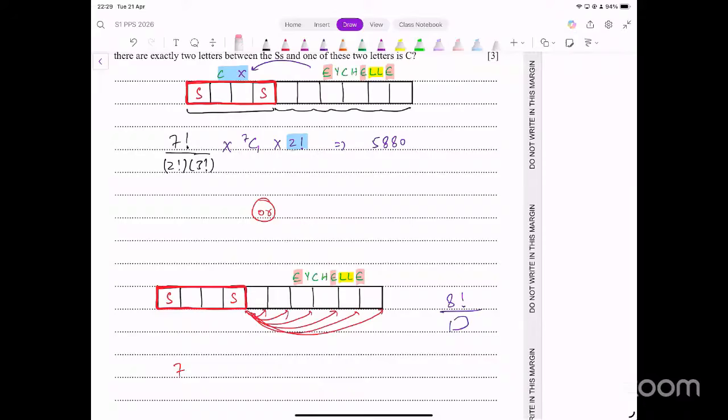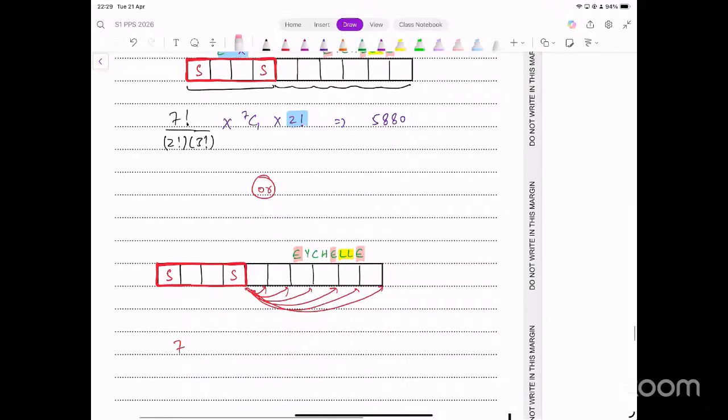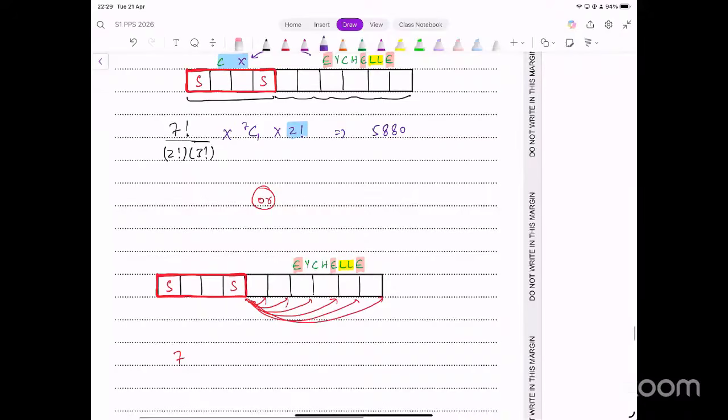The reason for that is C has to be in this position. Okay? So since C has to be in this position, we could break it down. Let's arrange these 6 letters separately. In how many ways can we do that? 6 factorial. Then what about these two places?